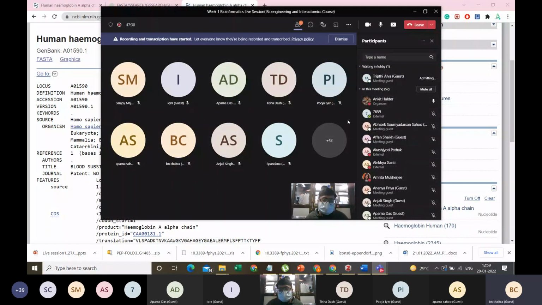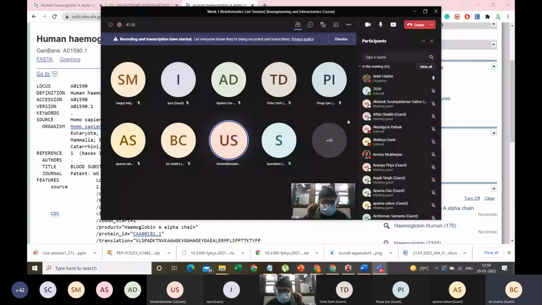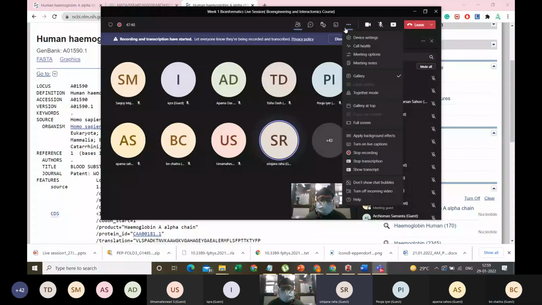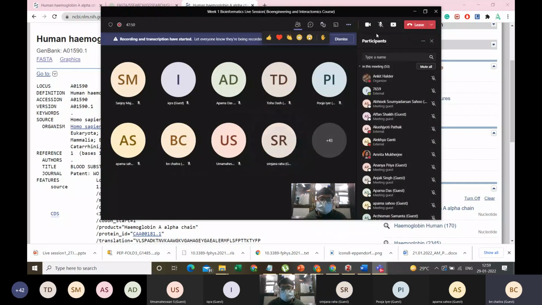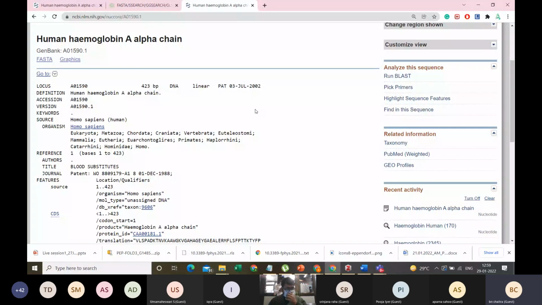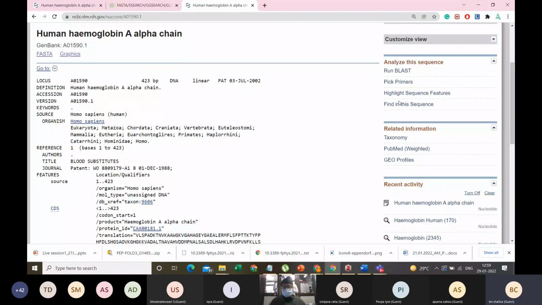Yes, sir. So people who have joined as a guest can't access the chat box. Okay, so just type it from the screen. I'll check it today that what settings something can be done.